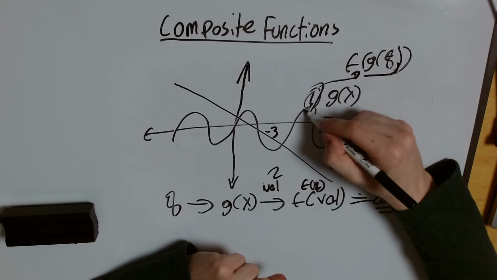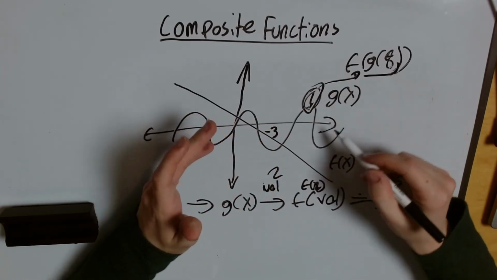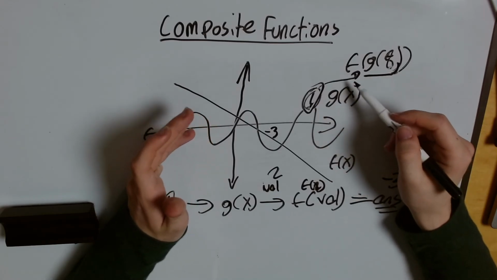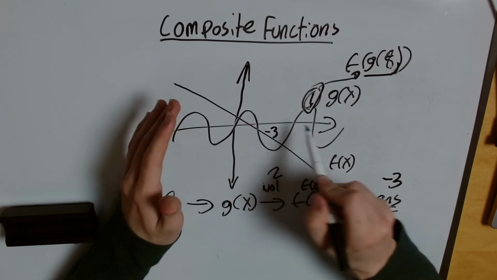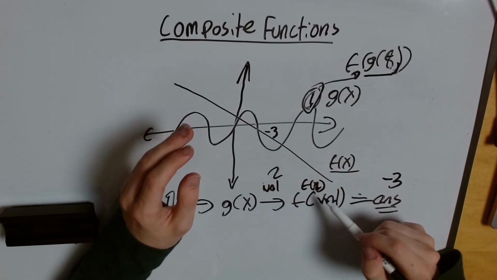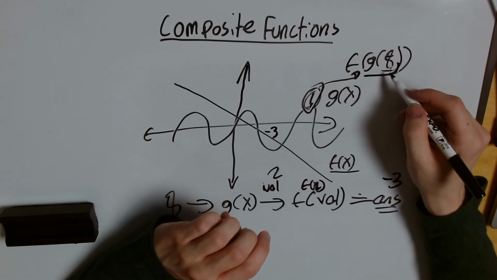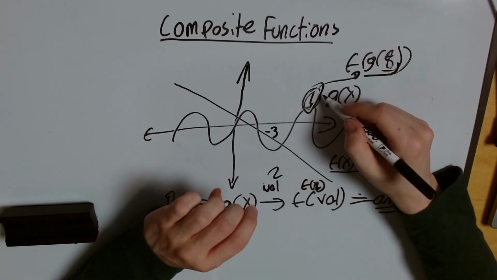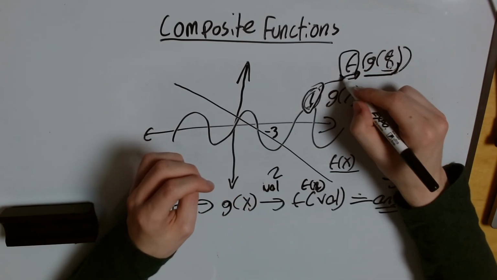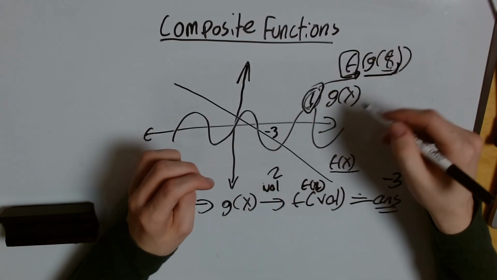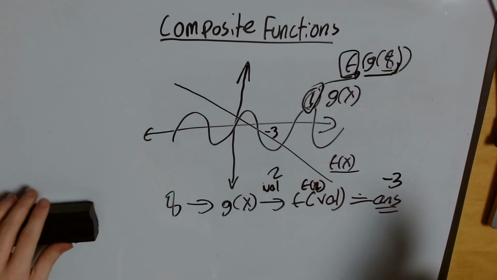So I'm going to take that new y value, right, and basically use it as my x value for this one. So I'm going to look and say, okay, 2. What's my y value when my x value is 2 for f of x, right? So I start out with an x value. I find the corresponding y value. And then I find the corresponding y value for the other function using my previous y value as an x value. Now that all sounds confusing.